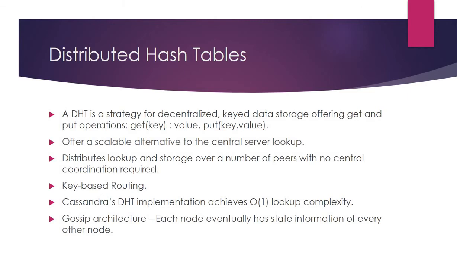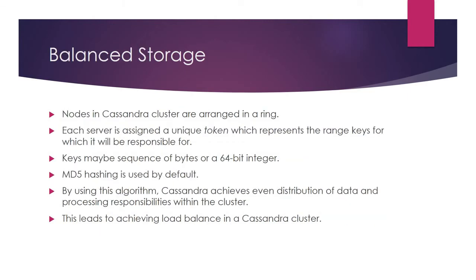We're going to discuss that in the next slide. We already said that the nodes in Cassandra are arranged in the form of a ring. Each server is assigned a unique token which represents the range of keys for which it will be responsible. The value of the token may be an integer.